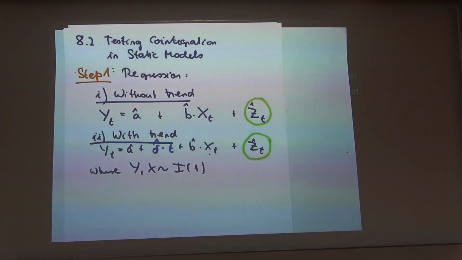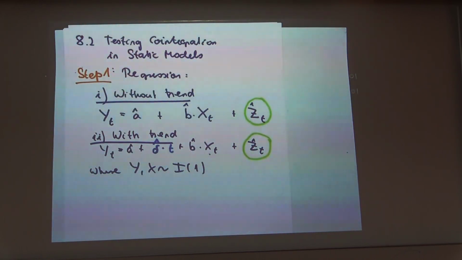And if you find that the residuals are stationary, then there is cointegration between the two. But from this model, you don't know which process adjusts to the long run equilibrium. You understand? It could be both, it could be just one, or it could be just the other one. It's not clear, and that's why it's called a static model.